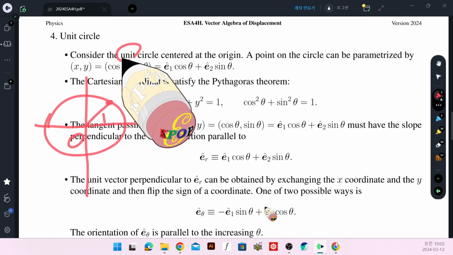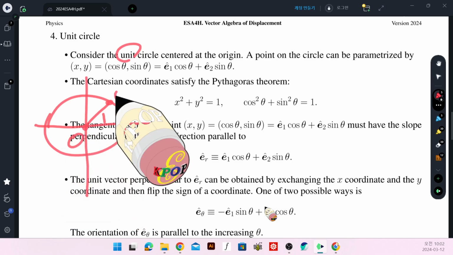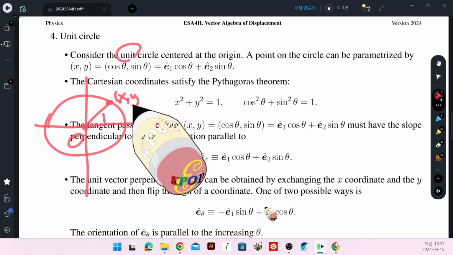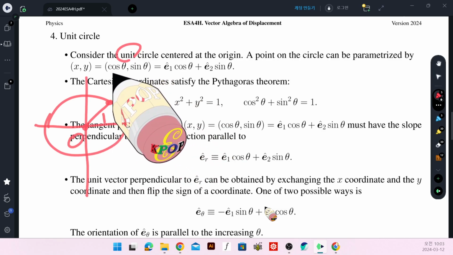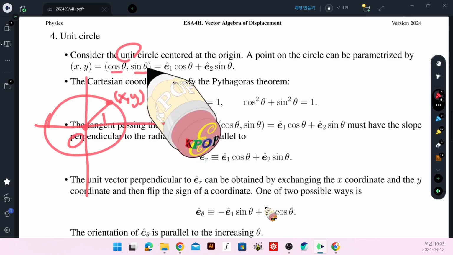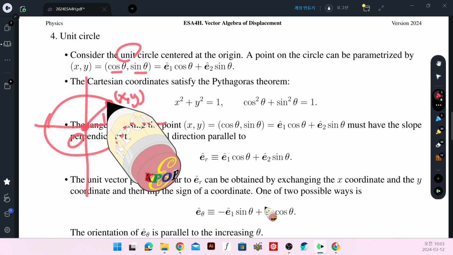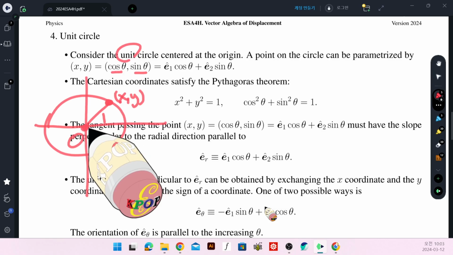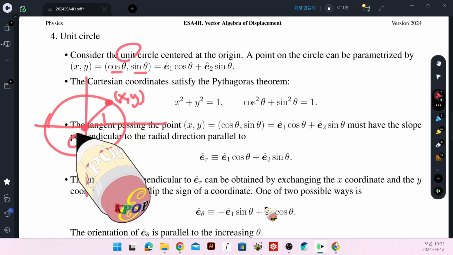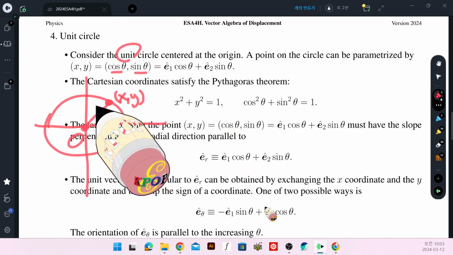If I choose the center to be at the origin, then the x coordinate and y coordinate must satisfy this kind of relation, cosine and sine, because the distance between the center and a point with Cartesian coordinates x and y must be 1. So x squared plus y squared is 1. We know the radius is 1.